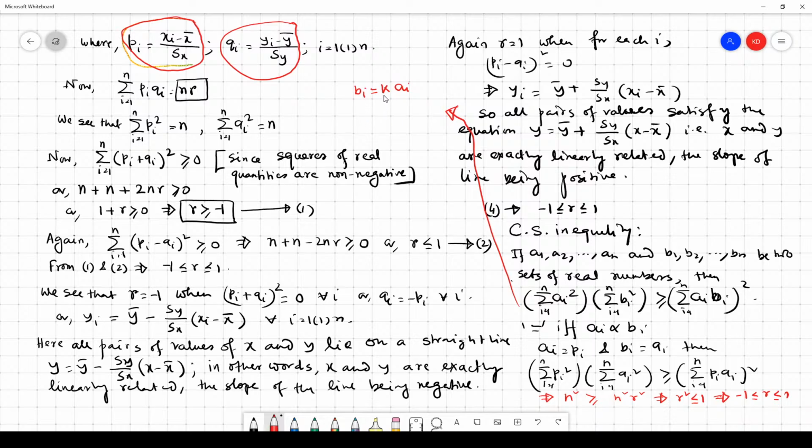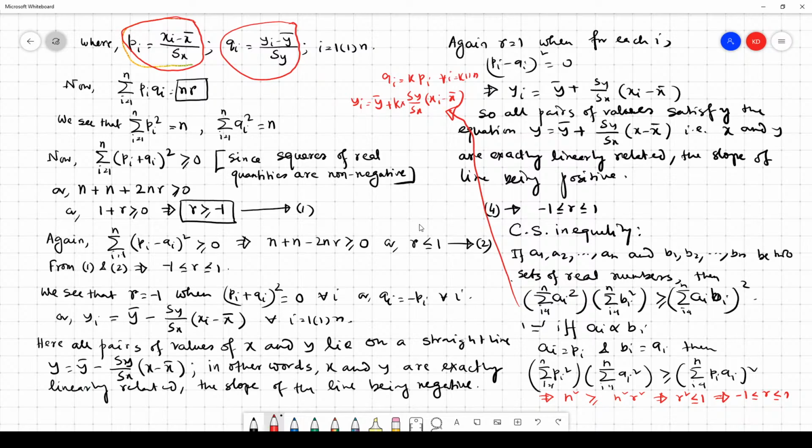So we can write this as (yi minus y bar) by Sy equal to k into pi for all i from 1 to n. So this means yi is equal to y bar plus k into Sy by Sx into (xi minus x bar).